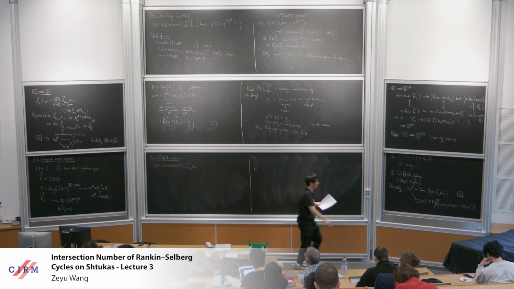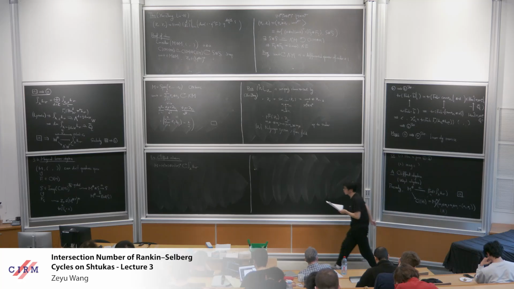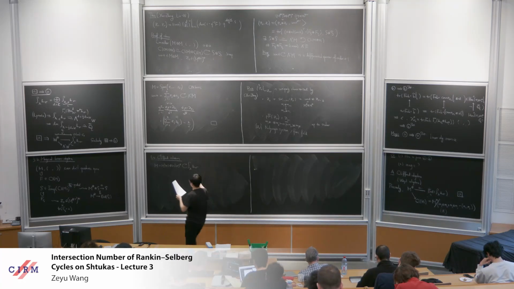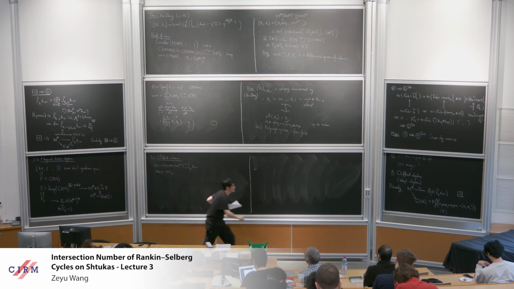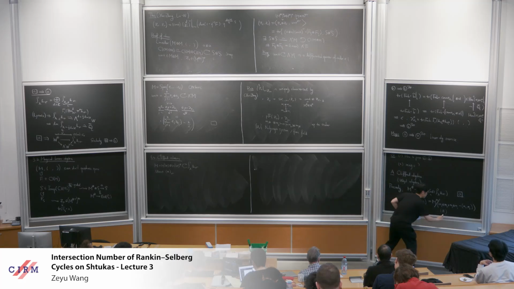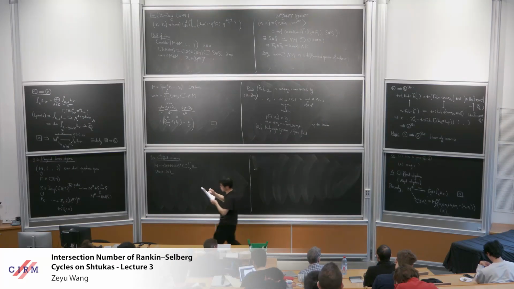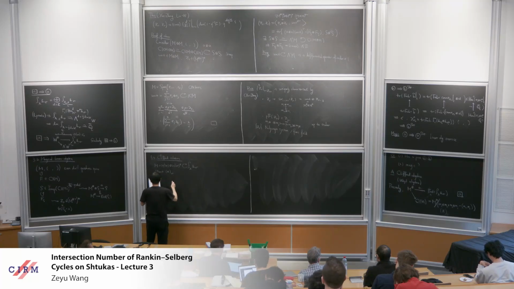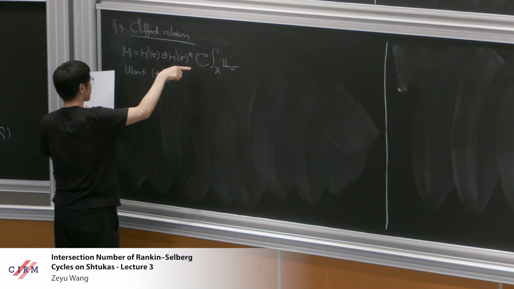Let me call this relation star. Oh, sorry, I want to call it star sigma to emphasize that it's something happening on the sigma isotypic part. But recall, how do you construct this?